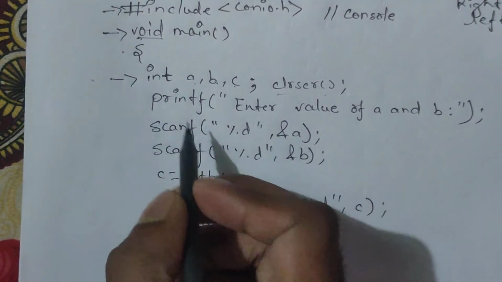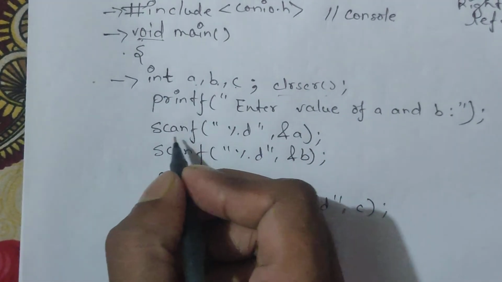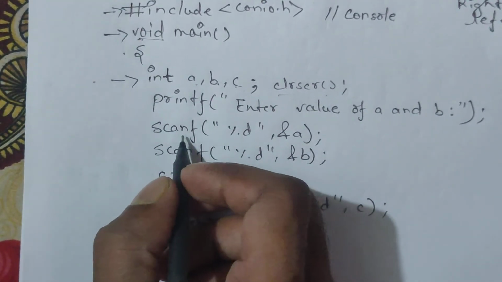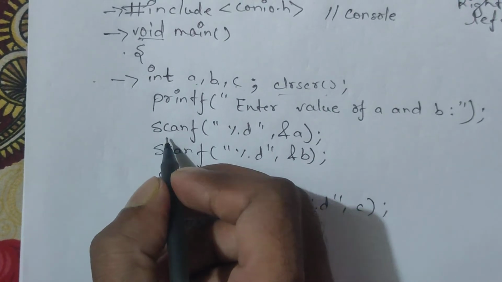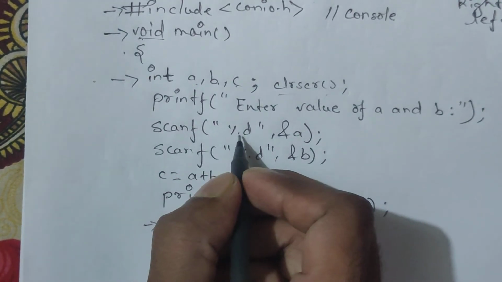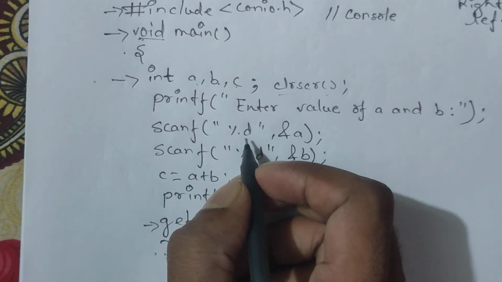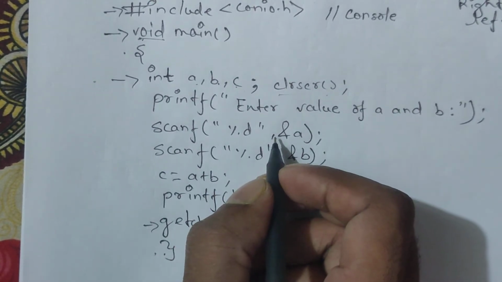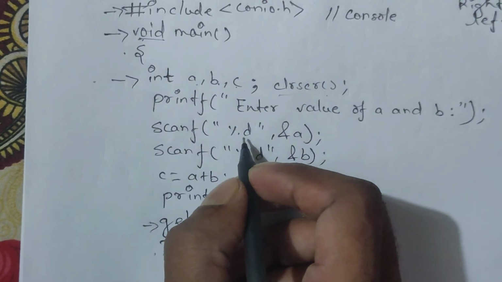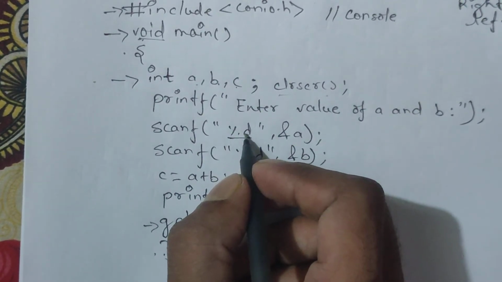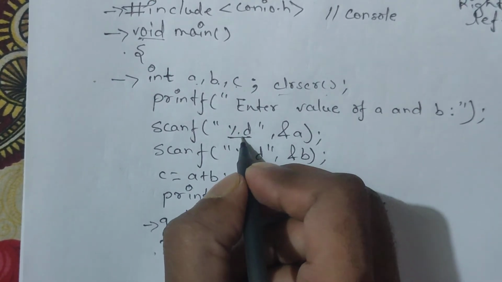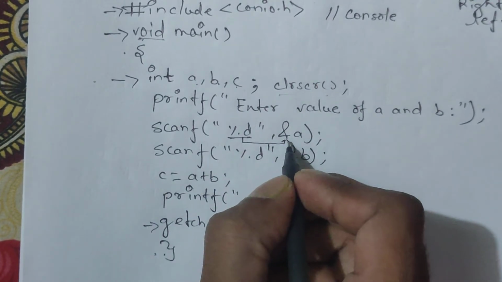So let's see, enter the value of a and b, and the function of scanf we already learned. So let's see how it is used. Scanf, only one value is read here. In the previous example we read two values in the same statement, but here we are reading one value at a time. So %d, and it is giving the value to the address of a.